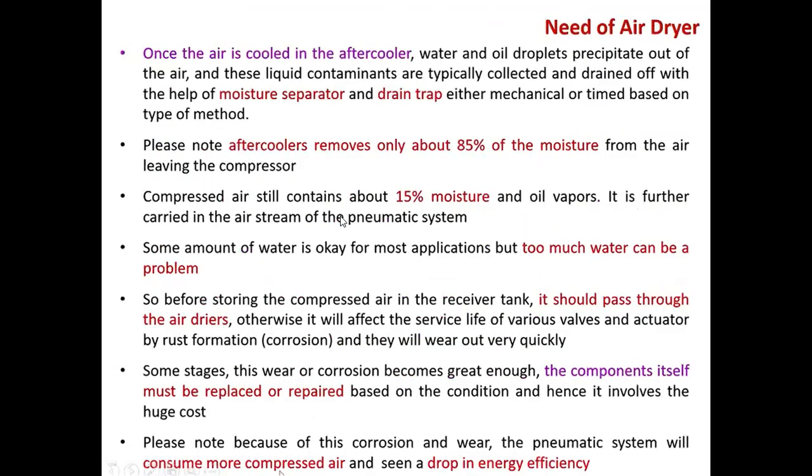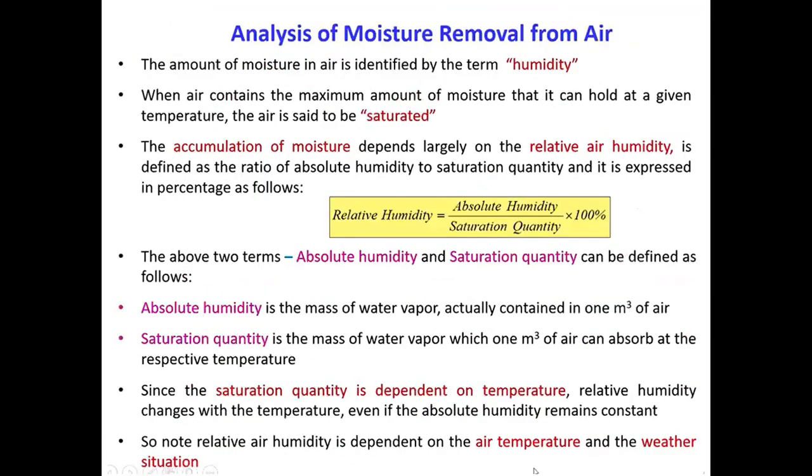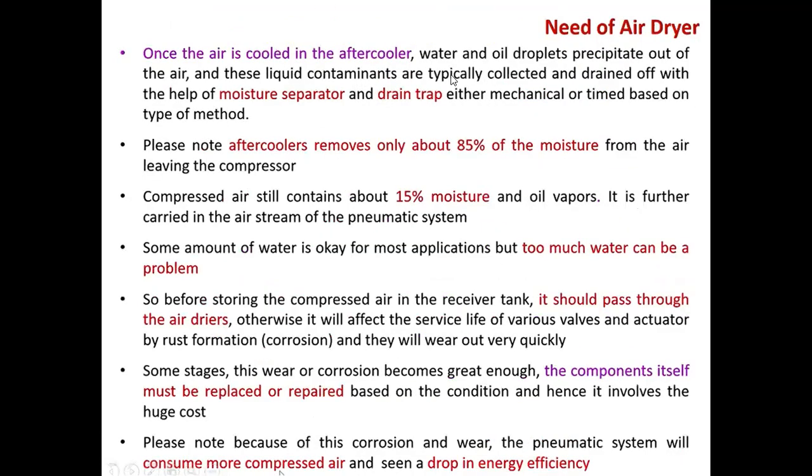Once the air is cooled in the aftercooler, water and oil droplets precipitate out of the air, and this liquid contaminant is typically collected or drained off with the help of a moisture separator and drain trap, either mechanical or time-based. Please note that the aftercooler removes only about 85% of the moisture from the air leaving the compressor. Compressed air still contains about 15% moisture and oil vapors, which are further carried in the airstream of the pneumatic system.